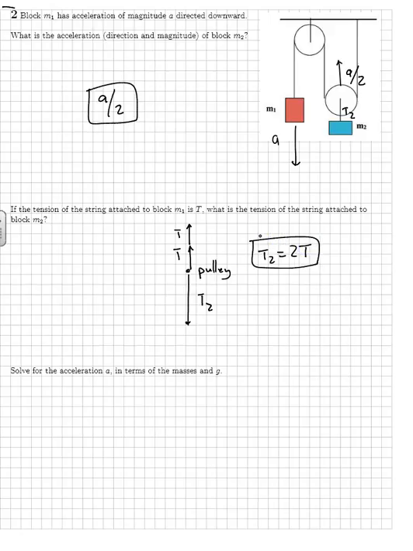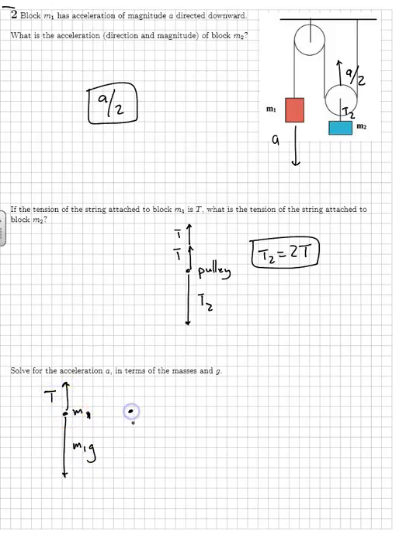Okay, now we're getting to the question you probably thought you were going to solve for first, the acceleration of m1 in terms just of the masses and g. Okay, starting with FBDs. First for m1, it's accelerating downward, so I know the net force is downward. It has a weight, and T is pulling up.